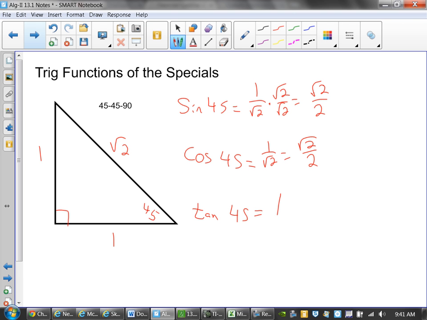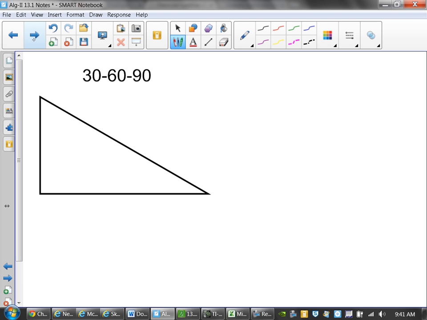Okay. Now let's look at the 30, 60. Again, if I'm talking 30, 60, 90, the sides are 1, root 3, and 2.